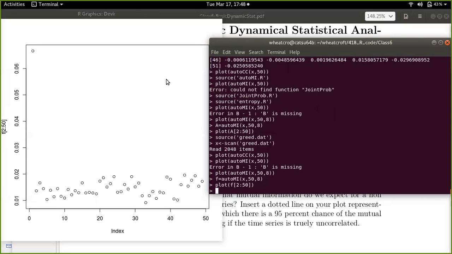And here, interestingly, the linear correlation showed up as 0. There was 0 autocorrelation, but looking at the auto mutual information, because this is a non-linear stochastic process, we find that there is some information.